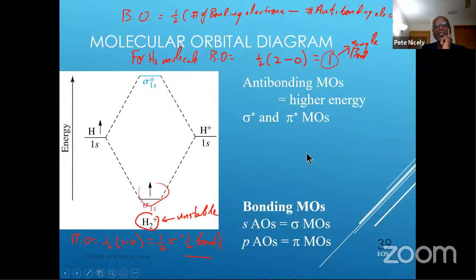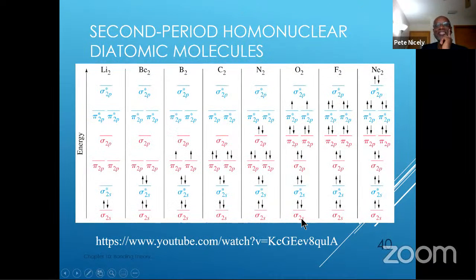All right. So what you're going to see here now on this screen is a series of diatomic molecules from the second period and their corresponding electron distribution in terms of the molecular orbitals. All right. So in the case of the lithium molecule, Li2 molecule, you have 2 electrons going into the sigma 2s orbital.